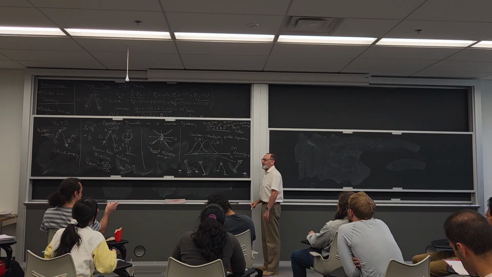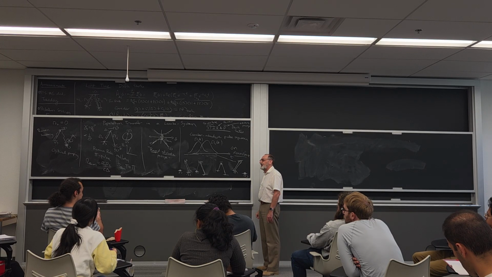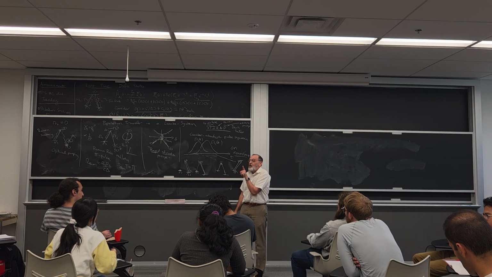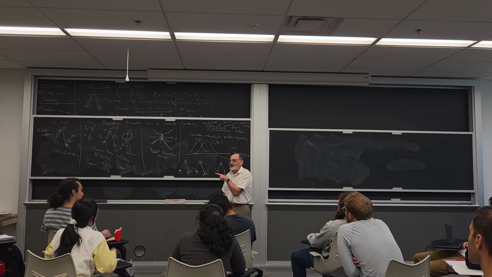So if we're steady, if each one of these time steps is steady state, then right. So it's not about the steady state. It's about adiabatic. I'm going to come to this in a moment.